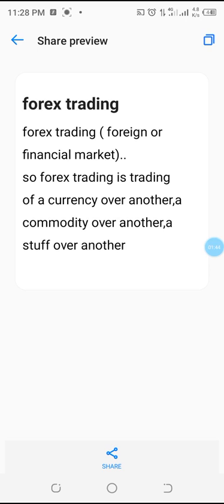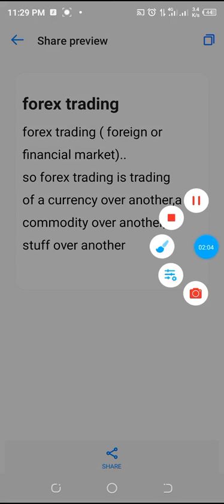You are exchanging money for something. So Forex trading is the exchange of a currency over another, of a commodity over another. That is what Forex trading is all about.